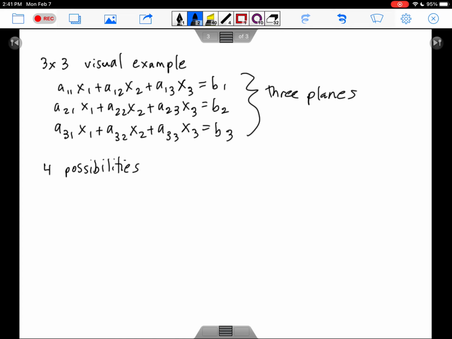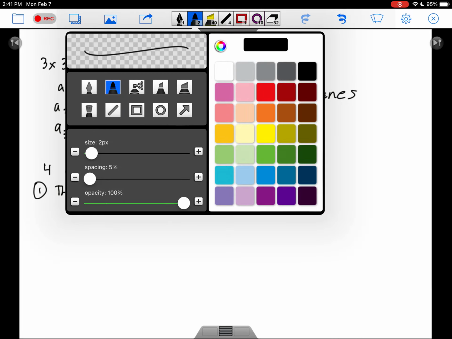So let's write down what the possibilities are. The first possibility is that the planes don't intersect at all. This is possible, right? All 3 planes could be parallel. So what does this mean if they don't intersect?